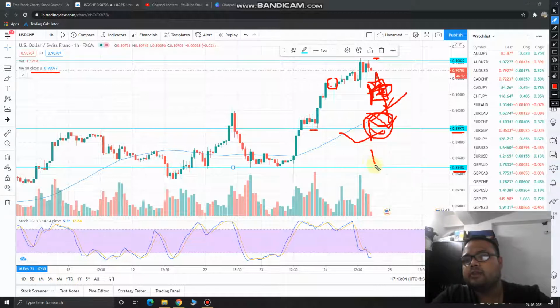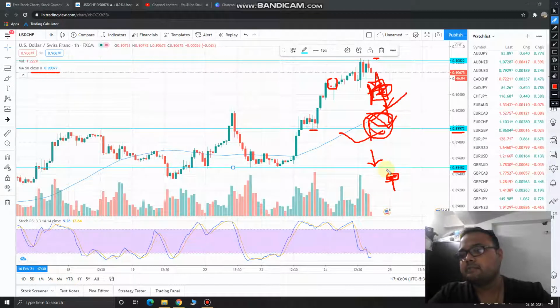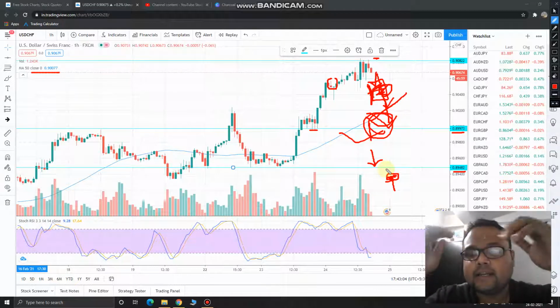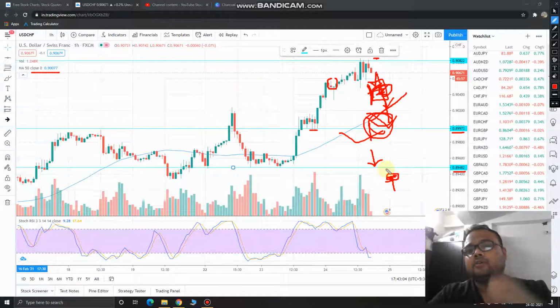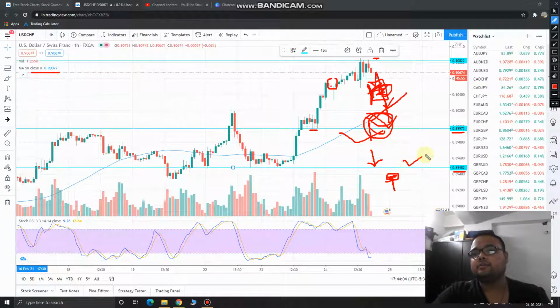If market falls or comes down to this level and market shows some price reversal from below, a candle like this, and if you spot some price rejection from below, or if you understand that market is about to bounce off from here, then this is also a place to buy.